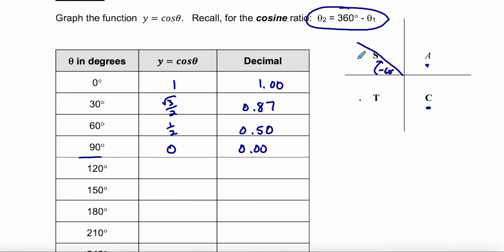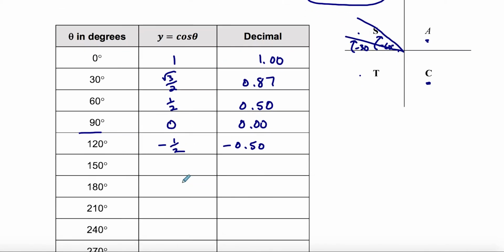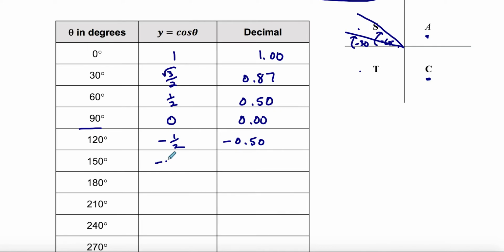Cosine is going to be negative in this quadrant though, and 60 degrees was 1/2, so this would be negative 1/2. 150 degrees, we would almost be to 180, but we would come up here 30 degrees in a negative rotation. So negative 30 degrees would be negative root 3 over 2. 180 degrees is going to be similar to 0, but in that quadrant we'd have negative 1.